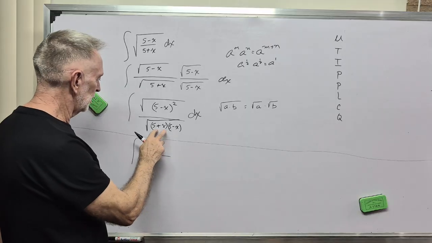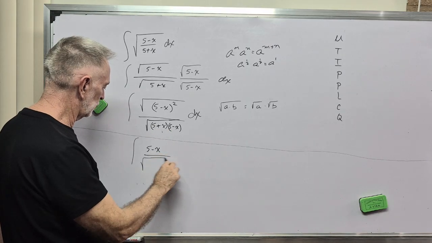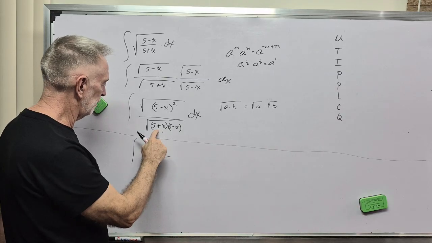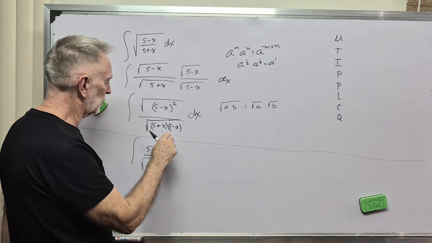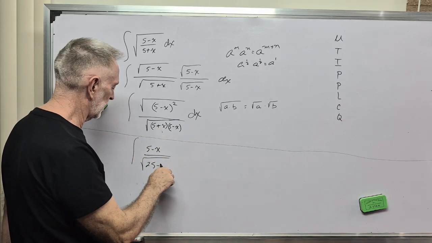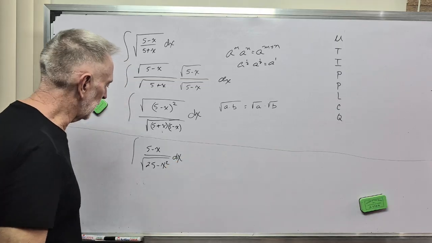In the denominator, I have the square root of 25 plus 5x minus 5x, those cancel, minus x squared, dx. Hey, this is shaping up pretty good.